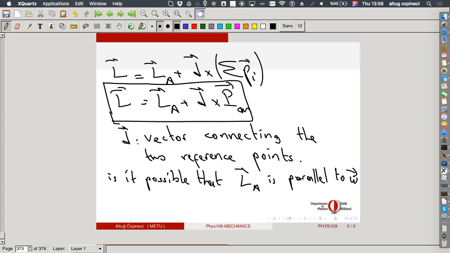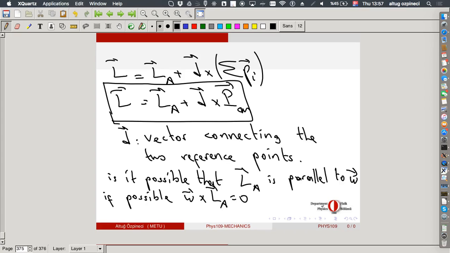So what do we do to test that? How do you test that two vectors are parallel to each other? Vector product is 0. Suppose it is possible. If possible, then omega cross LA should be equal to 0.